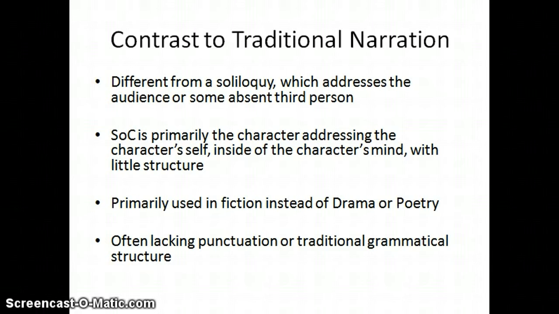In a soliloquy, the speaker addresses the audience or some absent third person so that we can know what the speaker is thinking even though no one else is on stage. Stream of consciousness, then, is primarily the character addressing the character's self. It's like a soliloquy, except the third person is the reader instead of the audience, and the character is not actually saying the words as they would in a play with a soliloquy.